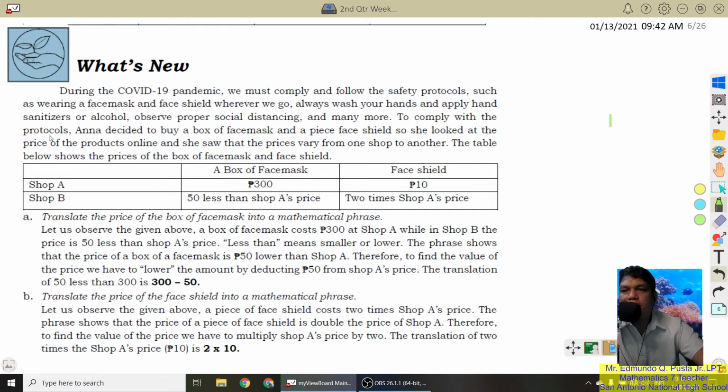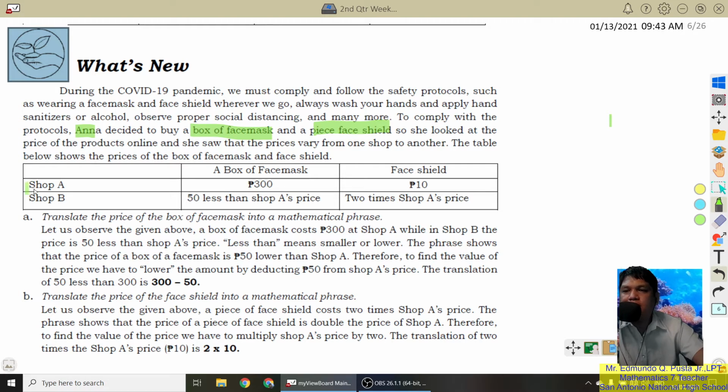To comply with the protocols, Anna decided to buy a box of face masks and a piece of face shield. She looked at the price of products online and saw that the prices vary from one shop to another. The table below shows the price of the box of face mask and shield.